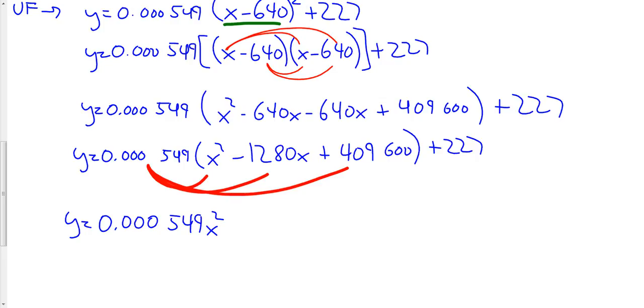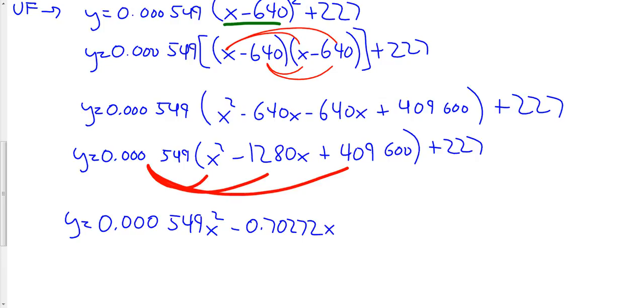When I multiply 0.000549 times negative 1280x, that leaves me with negative 0.70272x.